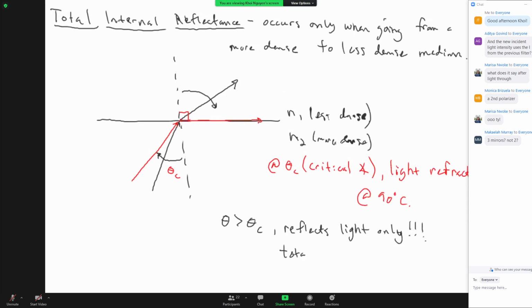Total internal reflection occurs. So any angle greater than theta C, light completely reflects in the system.